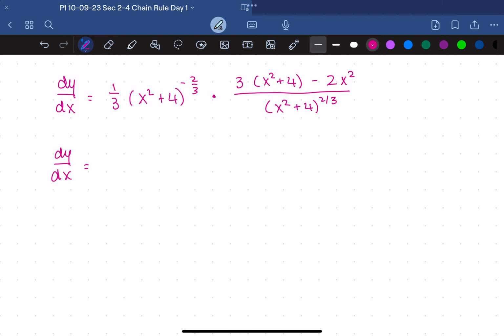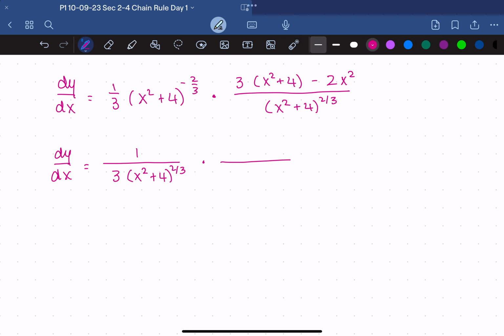So this guy, I can think of it as this. Just put the negative 2/3, put that exponent. It's negative, so I'm going to put that factor in the denominator.